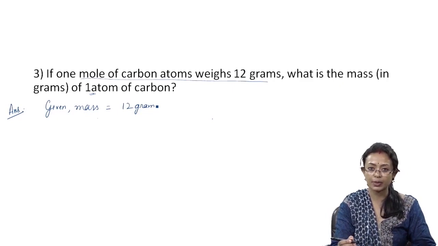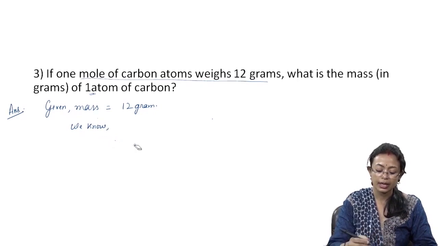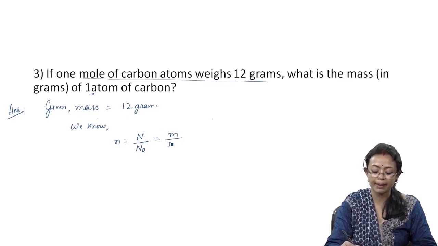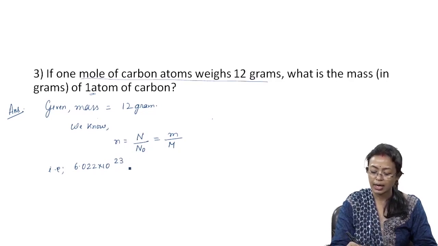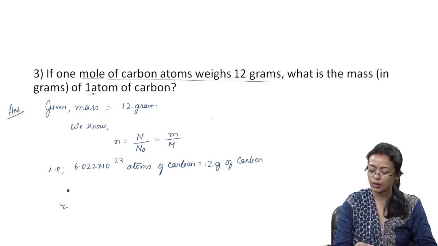We know that the number of moles n is equal to N by N naught, which is also equal to m by M. That is, 6.022 into 10 to the power 23 atoms of carbon will be equal to 12 gram of carbon.